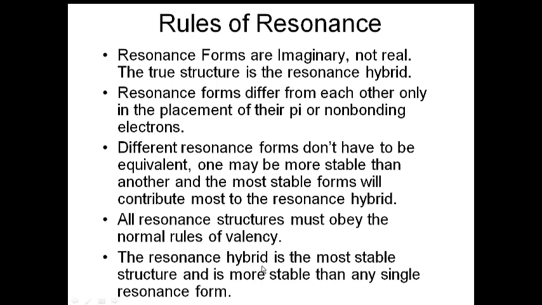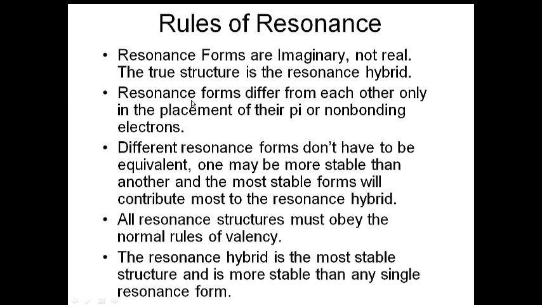A textbook that I taught out of 20 years ago coined this phrase, rules of resonance. Your textbook has a very similar set of rules in it. But one of the things that we're going to find is that resonance forms are imaginary. They're not real. The true structure of the molecule is what's called the resonance hybrid. And I'll come back to that in a minute.